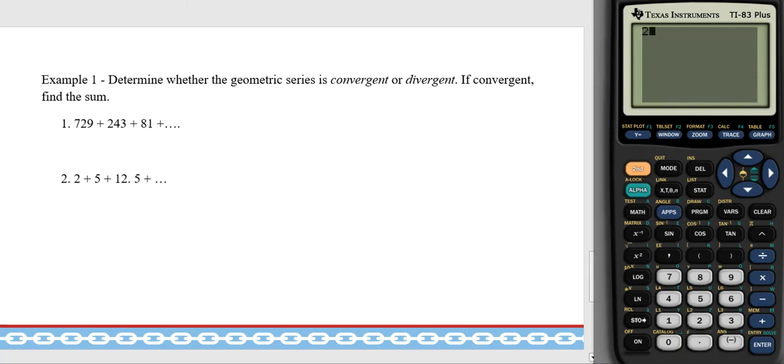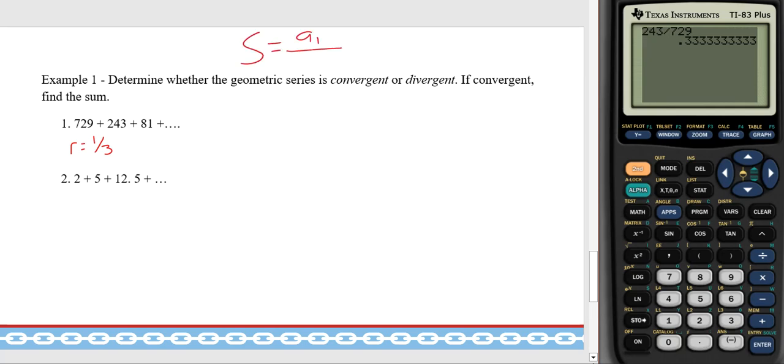So I'm going to use the calculator to calculate my r value, second term divided by first term. So I have an r value here of 1/3. Okay? So then I can use that formula. The sum is a1 divided by 1 minus r.